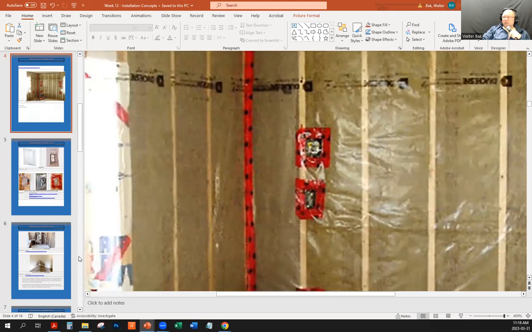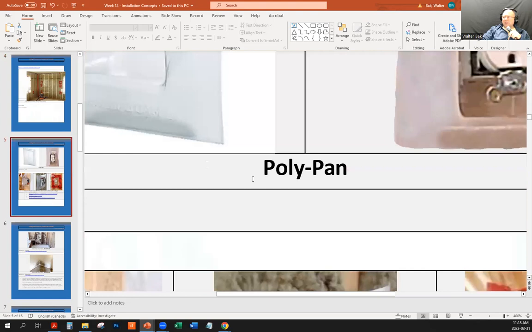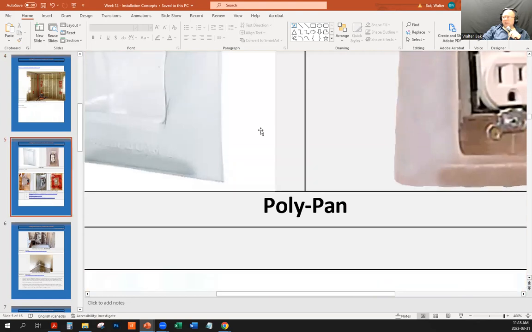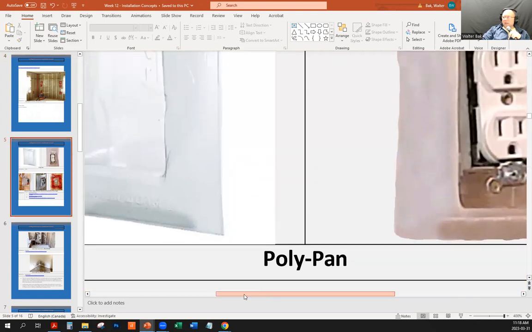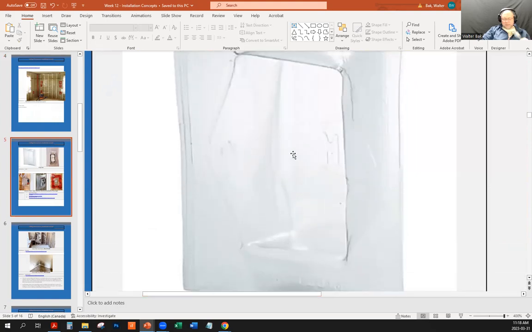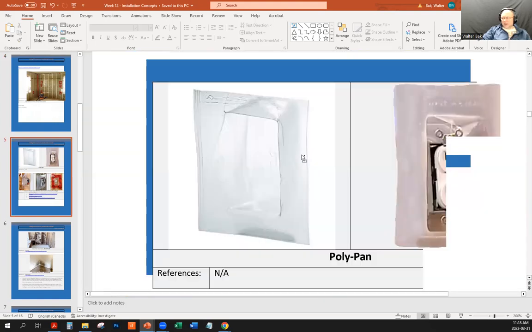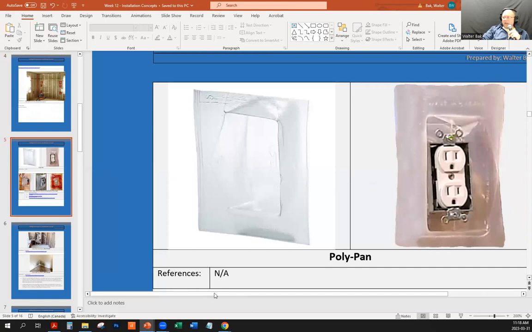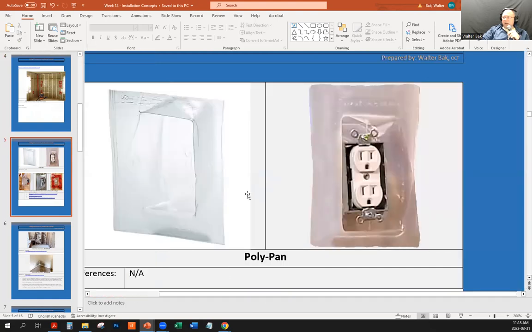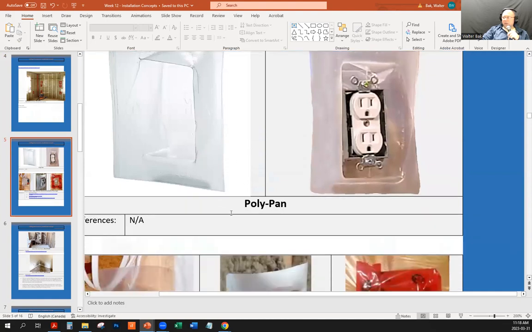And when you install devices, you're going to install them in something that's called poly pans. It's a good idea to have a lot of those. They're extremely cheap, so there's no excuse for you to not have it when you need to use it.